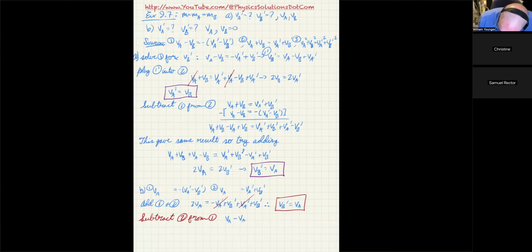So that's what I get for the left-hand side. The right-hand side, I'm going to get negative VA prime plus VB prime. That's the right-hand side of equation 1. Now I've got to subtract from that the right-hand side of equation 2. So that's going to be minus VA prime minus VB prime like that.